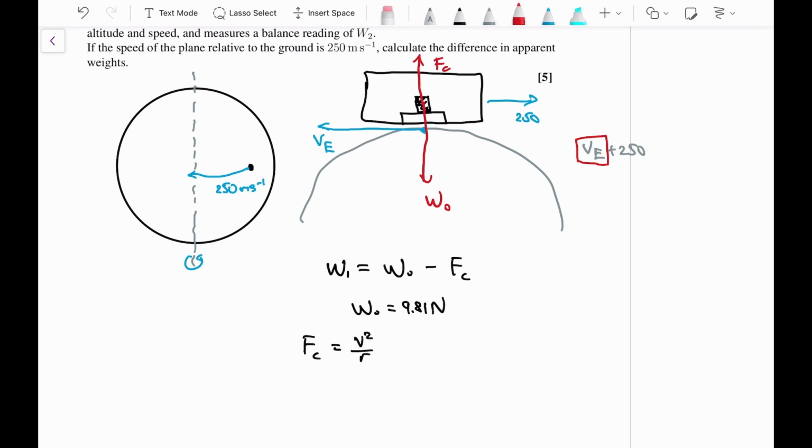Instead, for this part of the equation, we say V is 250, and we add another effect of the Earth spinning, which is 4 pi squared over t squared times r. In this case, we won't need to resolve for VE. We can directly input 1 day into t.